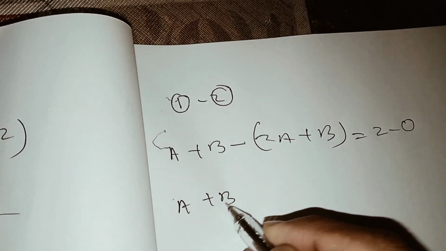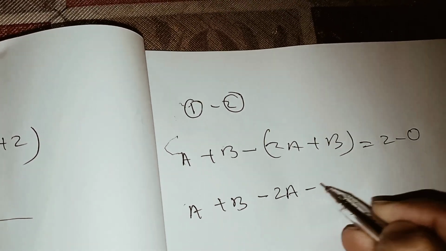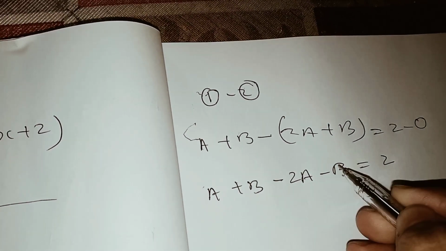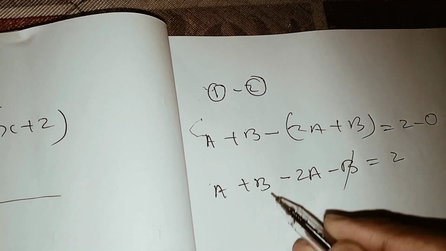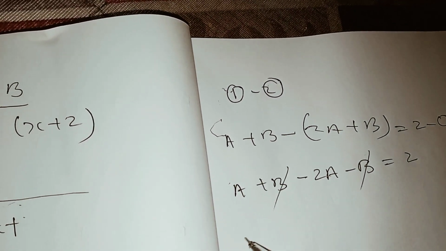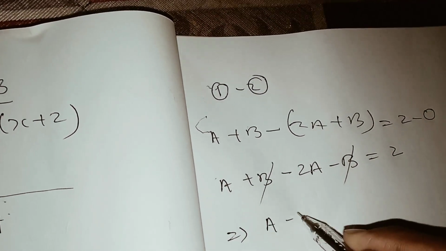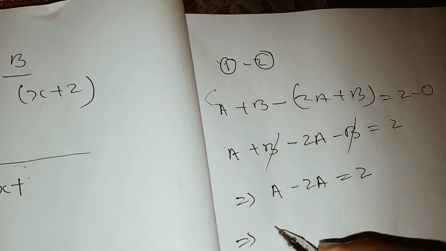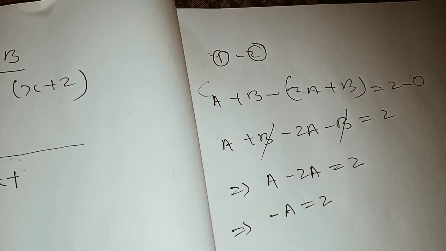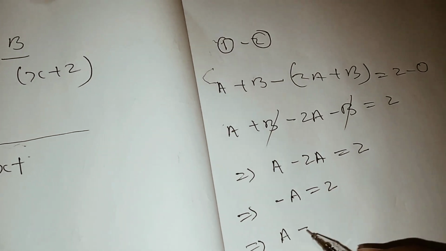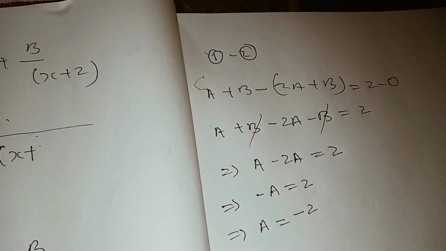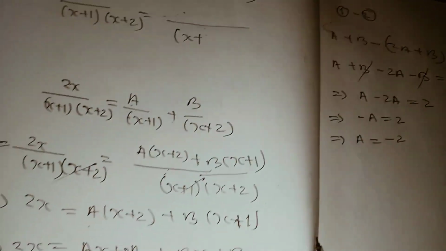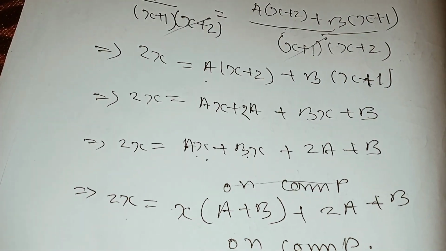So a plus b minus 2a minus b is equal to 2. Here b is negative and this is positive, so they cancel out. a minus 2a is equal to 2, minus a is equal to 2, and the value of a is minus 2.